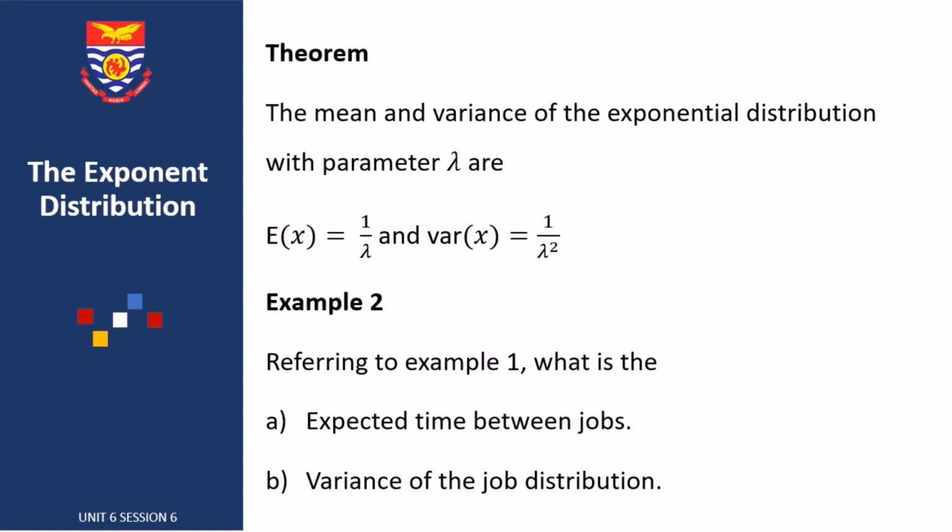The mean, or the expected value, is 1 over lambda, and the variance is 1 over lambda squared. So in example 2, referring back to the first example, we have to find the expected time between jobs and the variance.